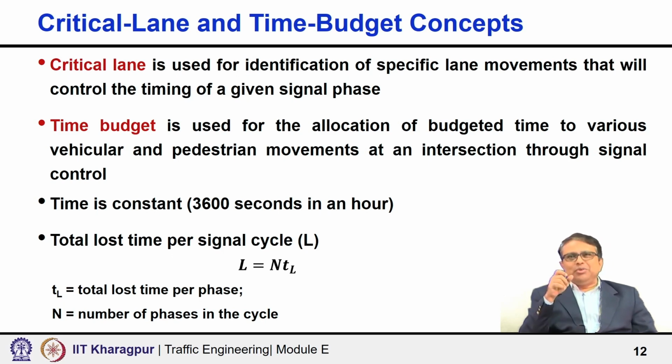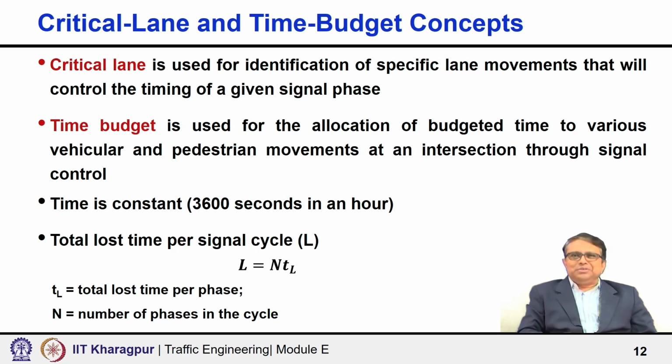In one signal phase, multiple movements are happening. So, we want to find out the critical lane that will control the timings of a given signal phase. That means, if the critical lane is served, then obviously all other lanes also will be served.